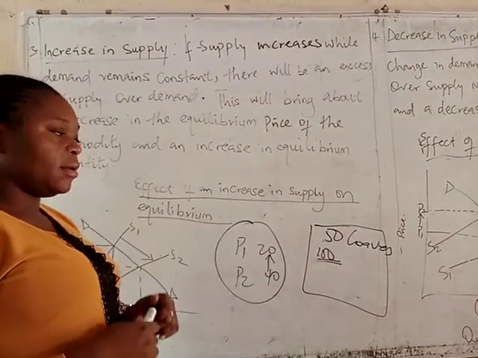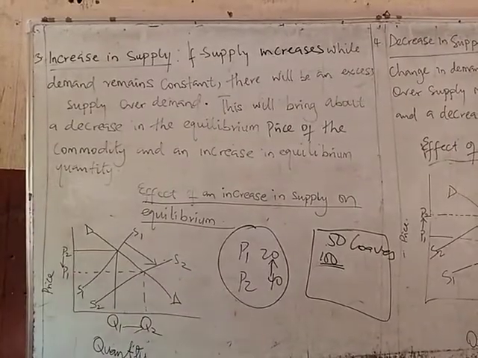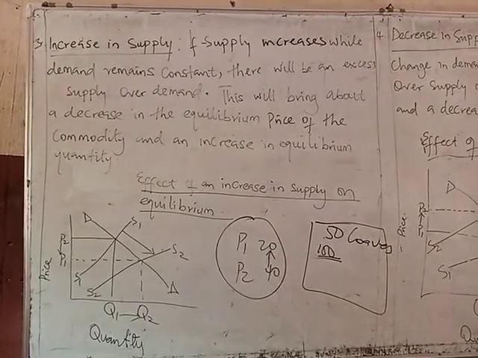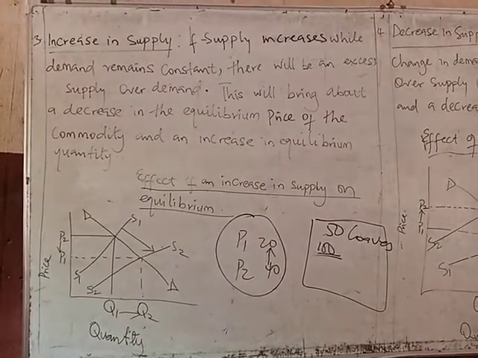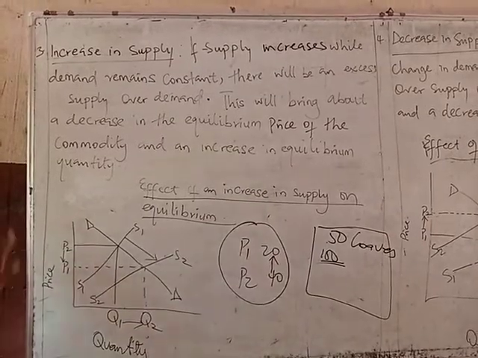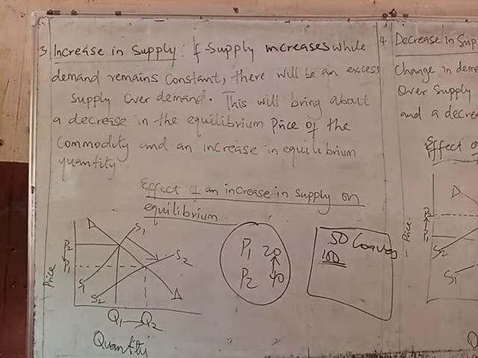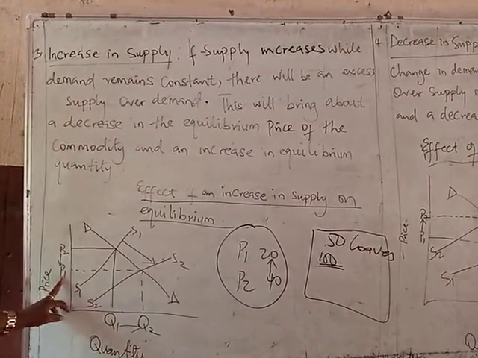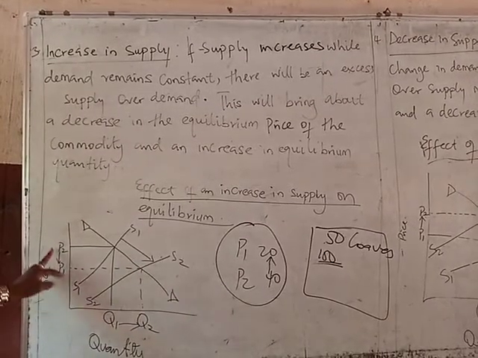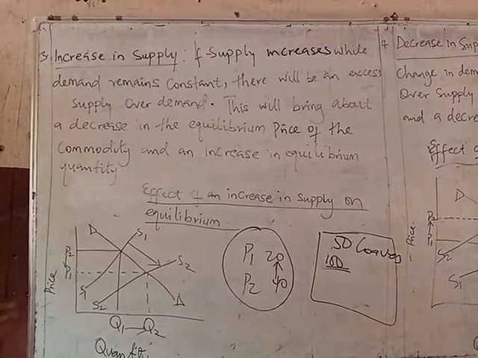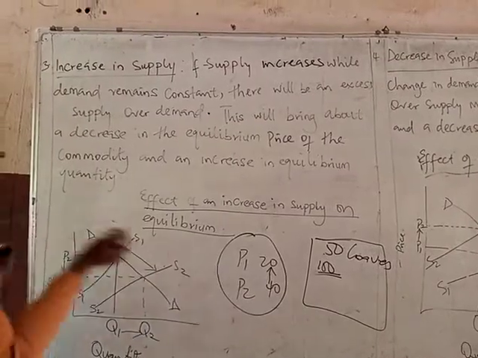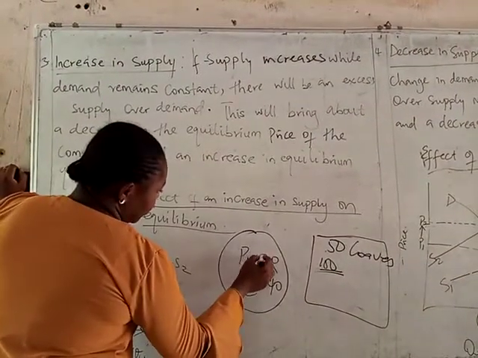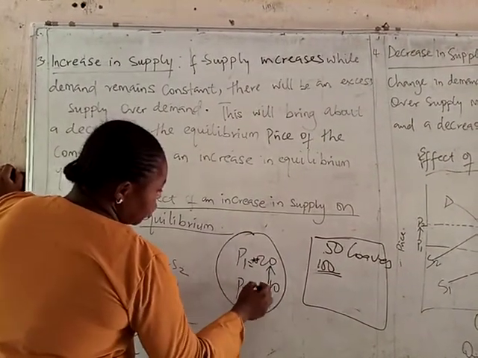Excess supply. Now let us look at the graph illustration and see how the equilibrium price is affected. From this graph, this is price 1 and this is price 2. Let us assume that P1 is equal to 20 naira and P2 is equal to 14 naira.